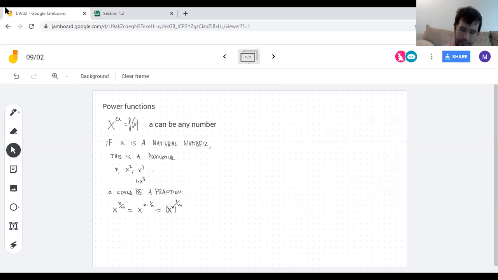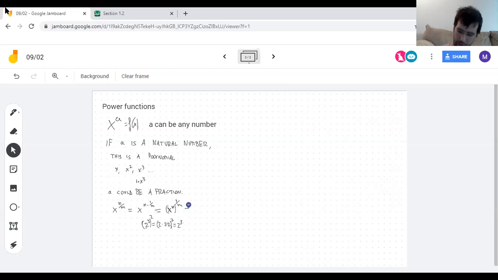For example, if you take 2 to the 3 to the second power, I'm not proving it, I'm just giving you a way to remember this. 2 to the 3 to the second power is taking 3 2's and squaring that, which gives you a total of 6 2's, which is 2 to the 3 times 2.